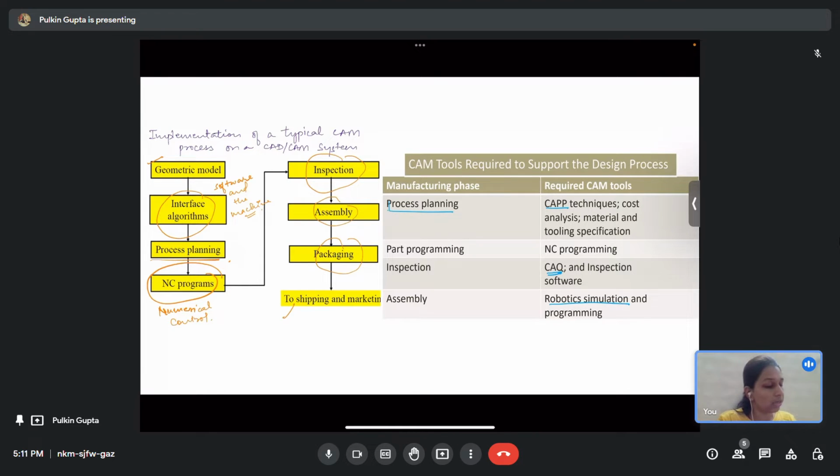Now, what are the different CAM tools required in the design process? Process planning: for that you need a CAPP, which is computer aided process planning.